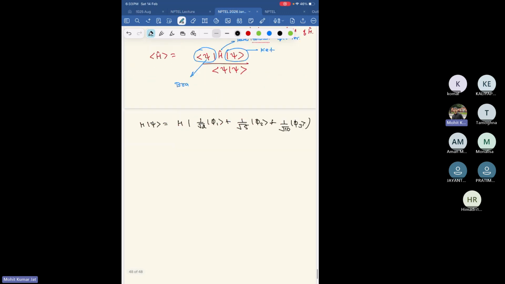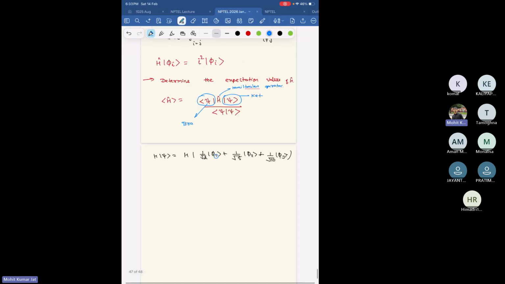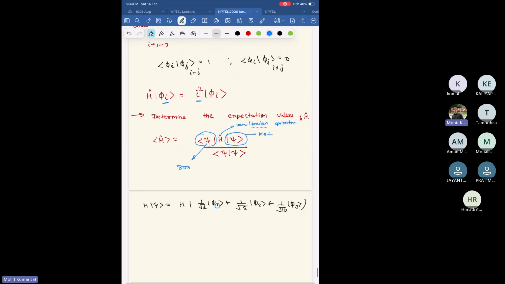The point to note is that whenever H operates on phi i, it gives i square.